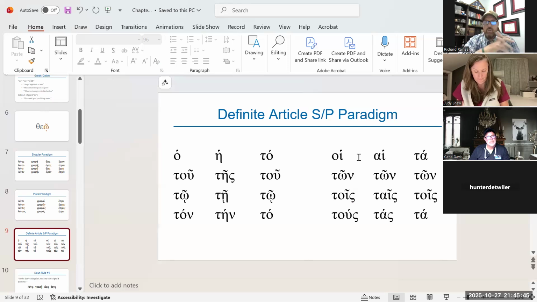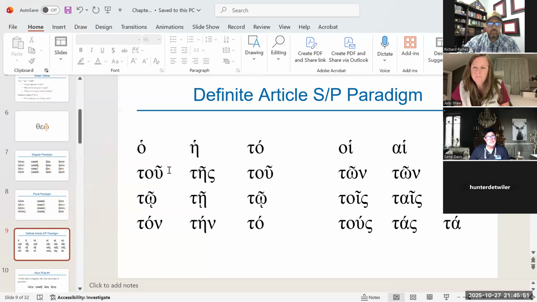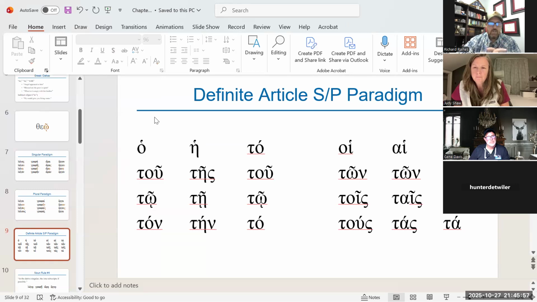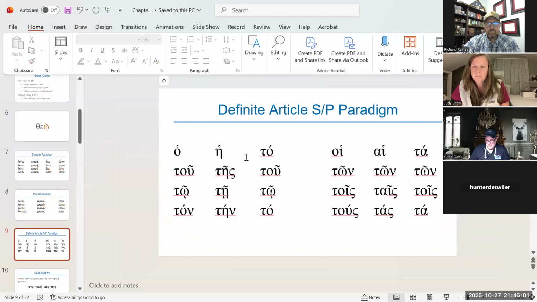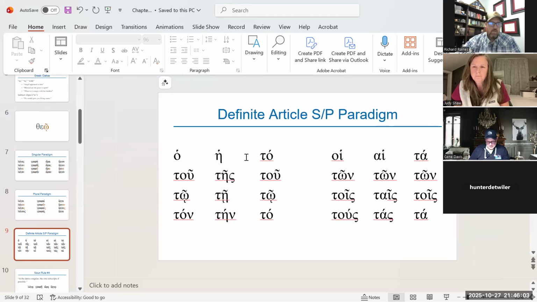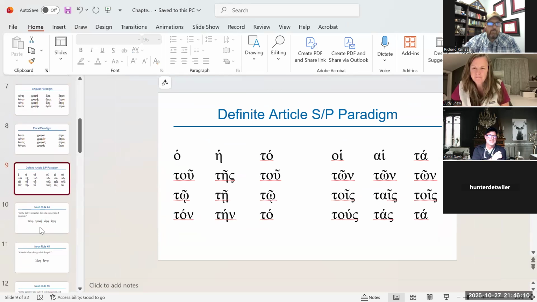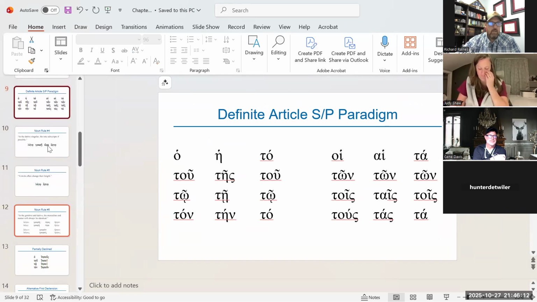You just have to remember that tau, omicron, upsilon, you see it here, is the masculine singular genitive. The only way to learn it is to write the article with the word as you're writing the words out. All right.